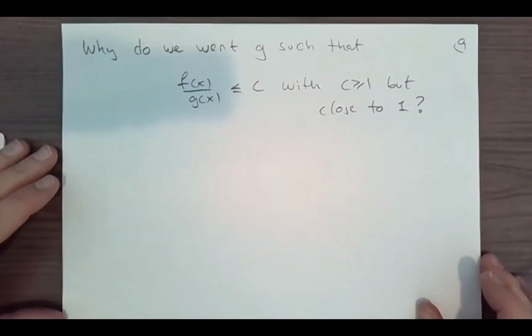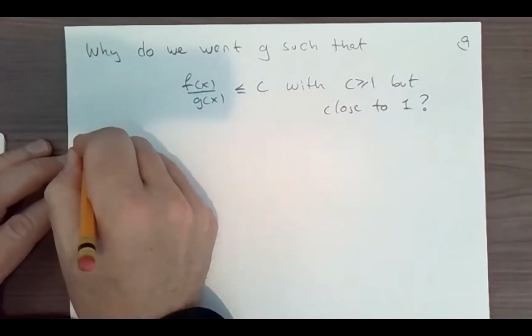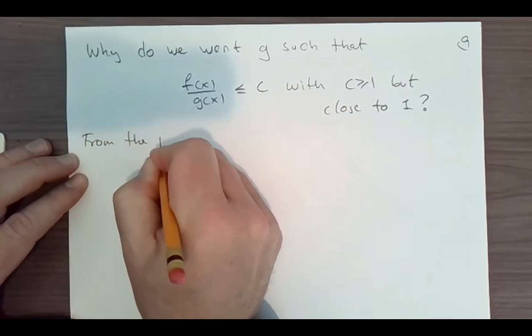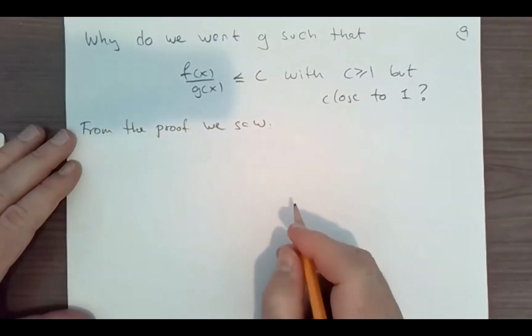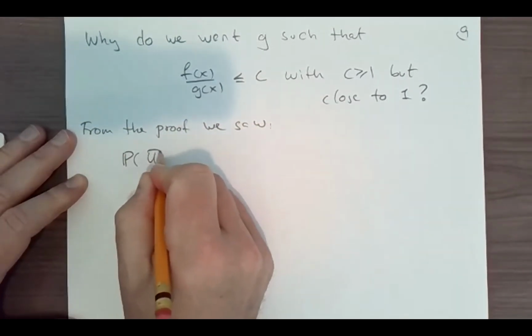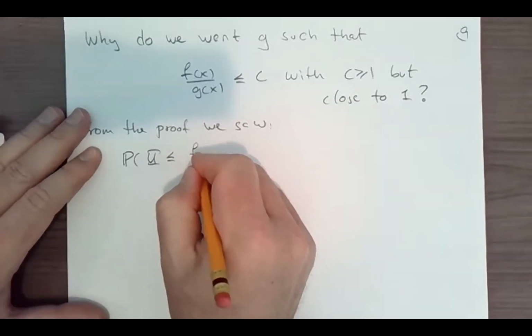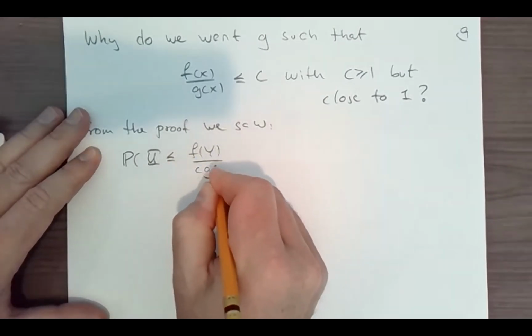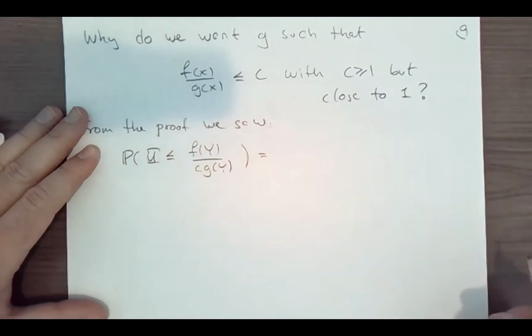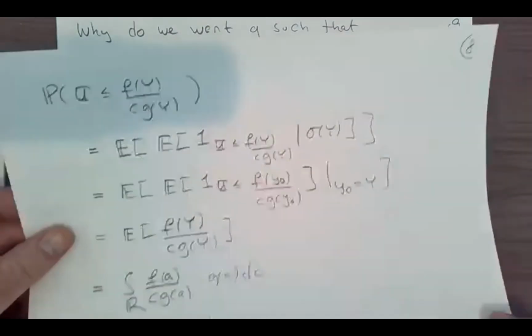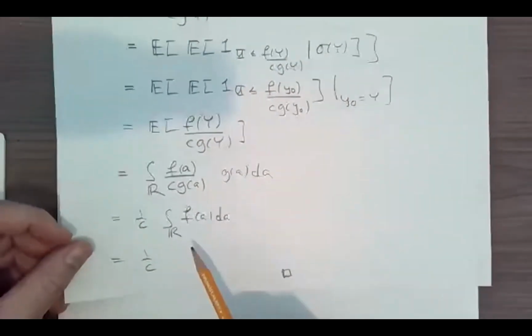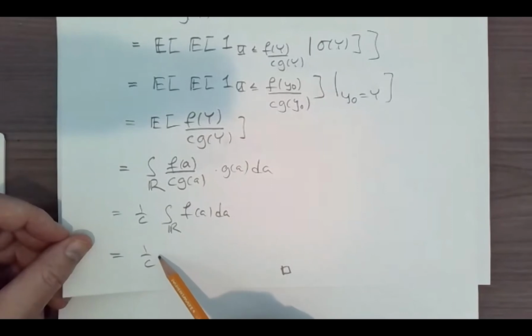Well, one thing we just did from the proof, we saw that the probability that u was less than this threshold, f of y divided by c g of y, we calculated to be 1 over c.